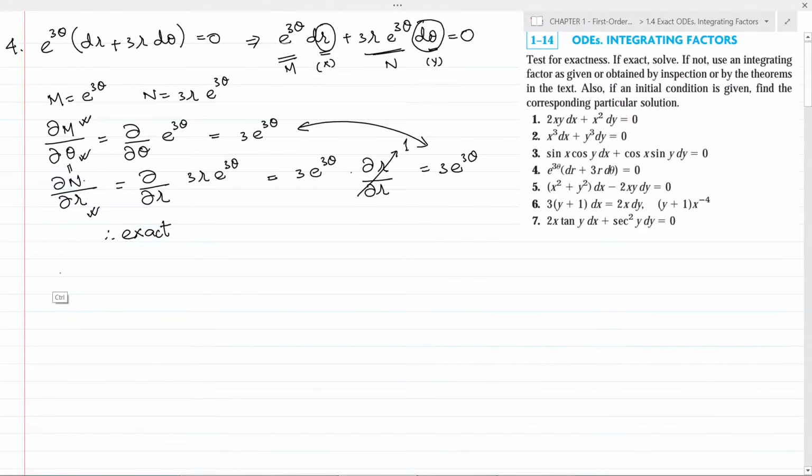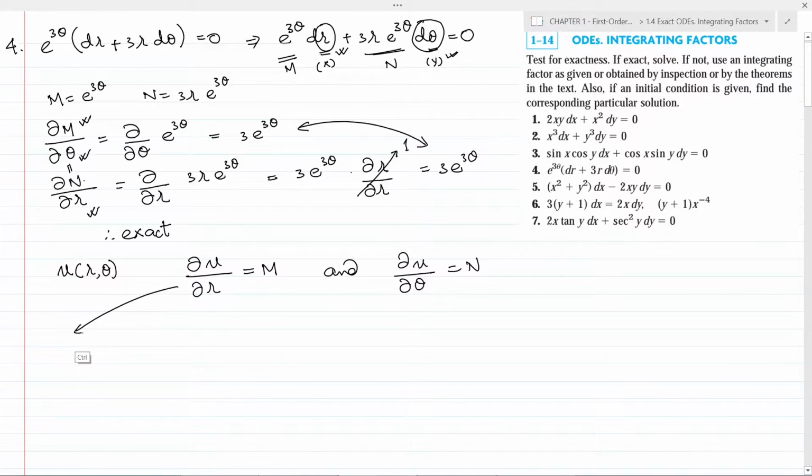Now we have to find a function u of r theta such that del u by del r, that is differentiation of u with respect to the first variable, is equal to m, and del u by del theta, that is differentiation of u with respect to the second variable theta, equal to n.